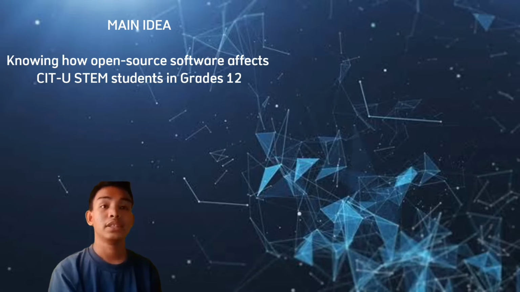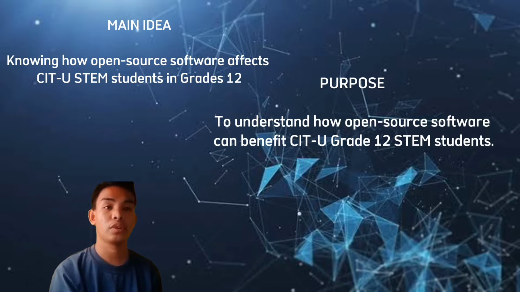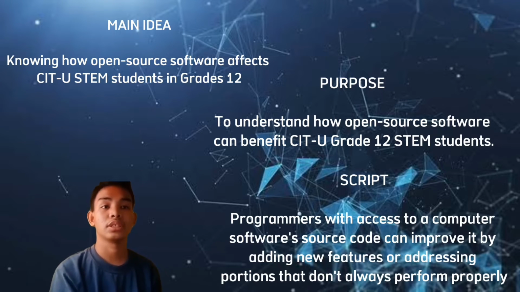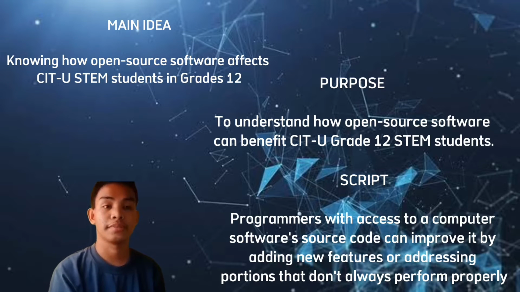Main idea: knowing how open source software affects CITU STEM students in grade 12. Our purpose is to understand how open source software can benefit CITU grade 12 STEM students. And the focus of our study is about determining open source software's usefulness to students.